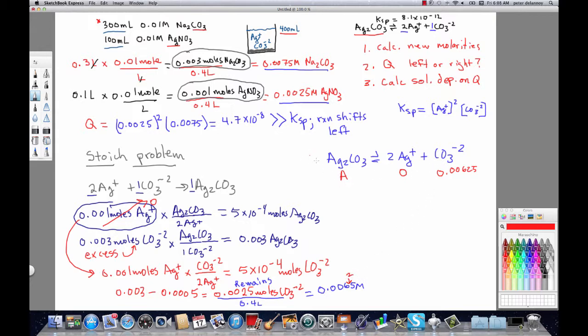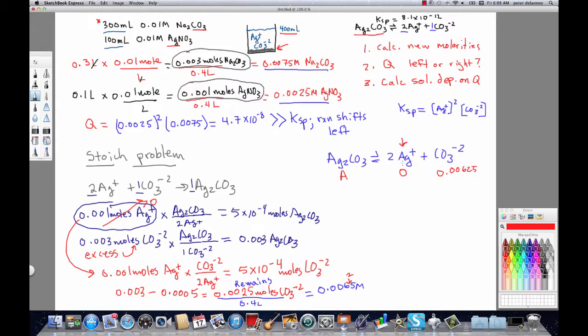All right. So coming back up here to the box, let's just take a minute here. This is what our situation looks like after the stoichiometric problem happened. Right? We calculated Q. The reaction had to shift left. We allowed that to happen. We formed a precipitate in the bottom of the beaker. Now we're letting our system come to equilibrium.